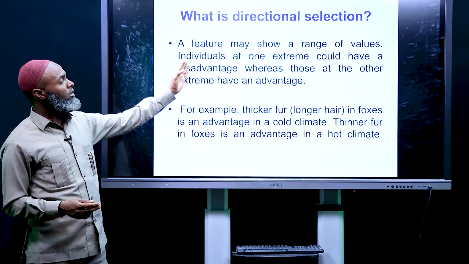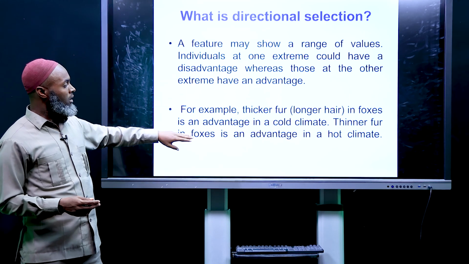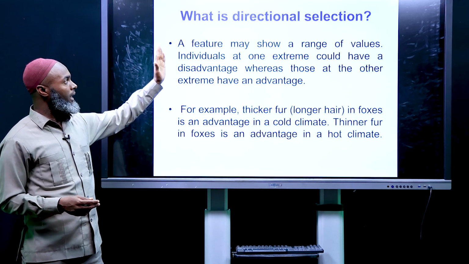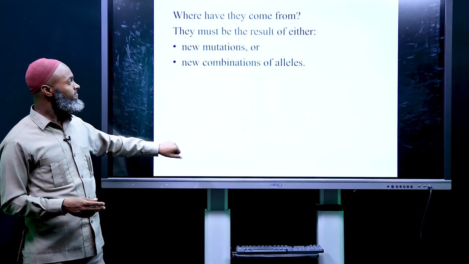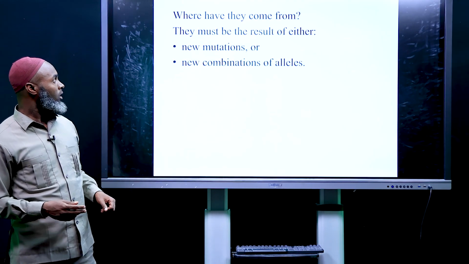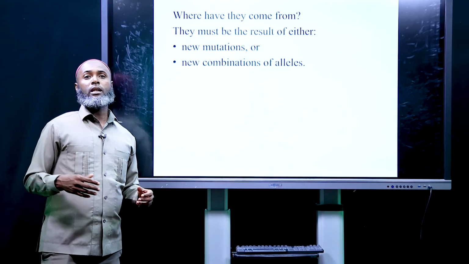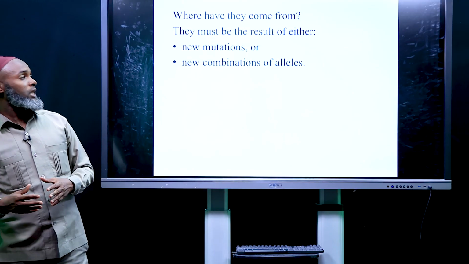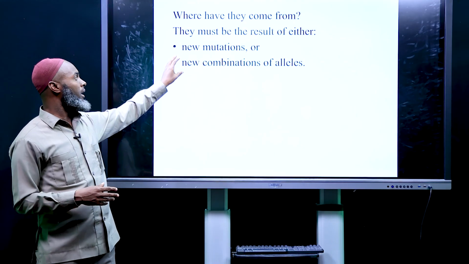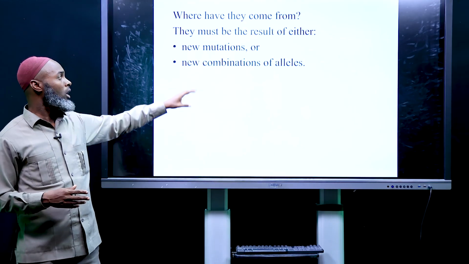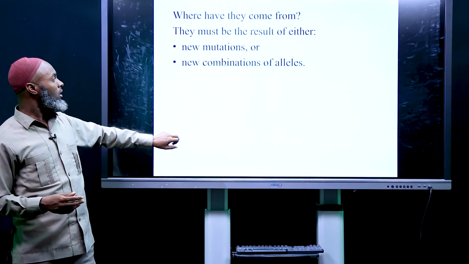So this extreme can have this kind of directional selection. Where does this directional selection come from? It is either by mutation or new combination of alleles.